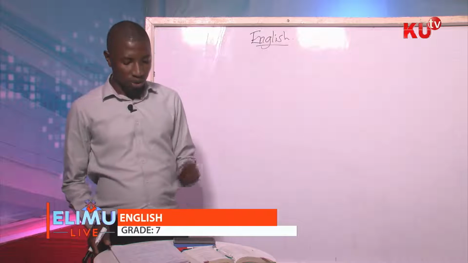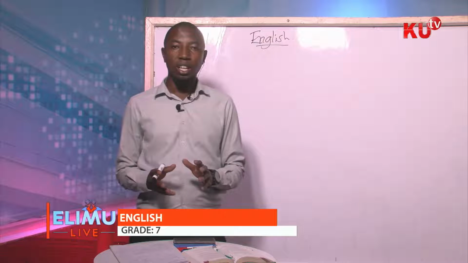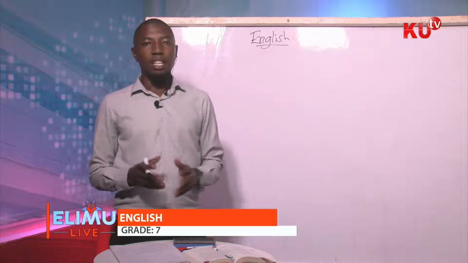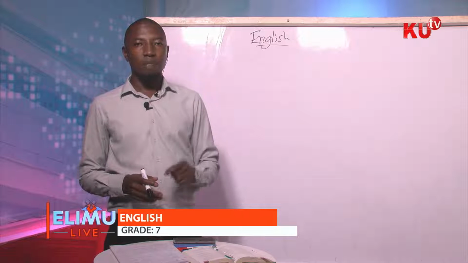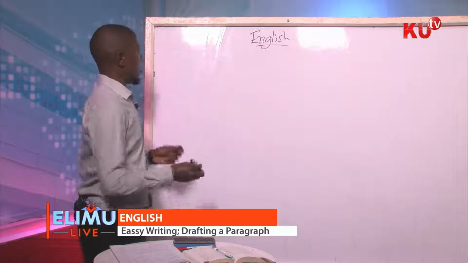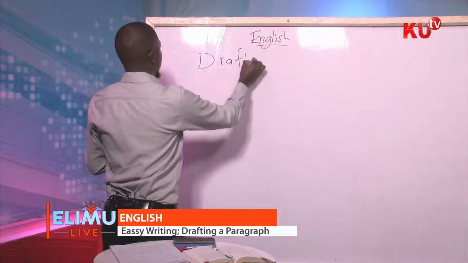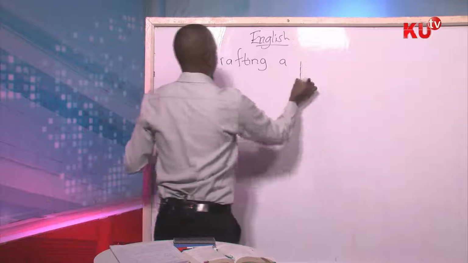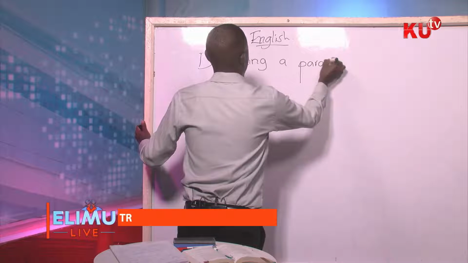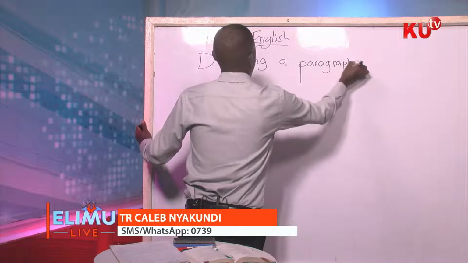But the lesson applies to students in the other grades as well, even in the senior secondary, because writing is a skill you need to prosper in your English paper 1, which is functional writing skills.